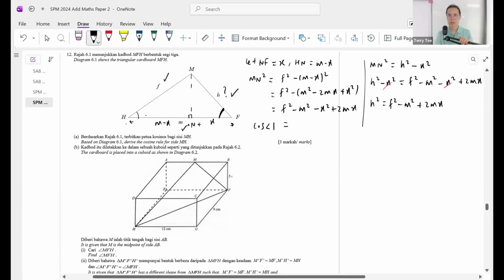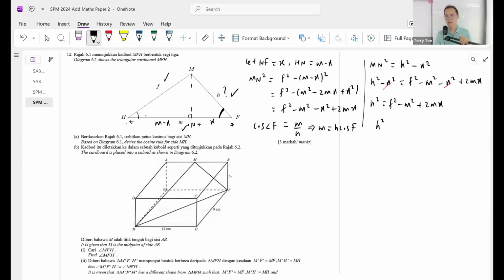This is f. It is m over h. Make m as a subject. m is h cos f. Take this and sub inside your h squared, which is now f squared minus m squared plus 2m x. What's your x here?